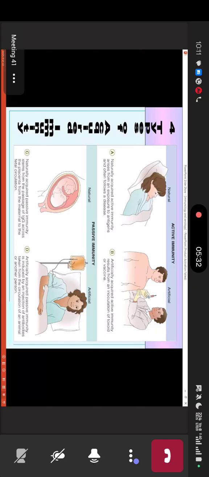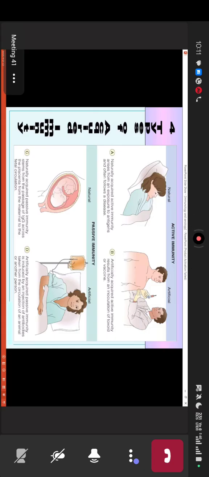If we cope with that disease without taking any artificial means or medicine, then it comes under natural, because our body produces antibodies by itself to fight against that disease. This is natural active acquired immunity.